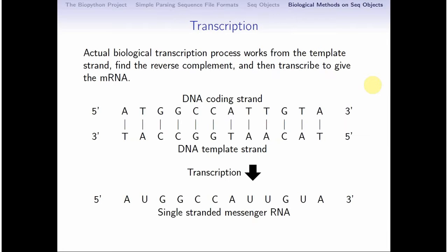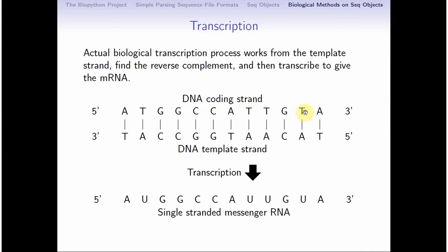Transcription. Remember last time, what is transcription? Let's recall how the actual biological transcription process works. DNA sequences come in two paired strands, and they always run from the 5 to the 3 end. So this is the coding strand, and this will be the template strand.